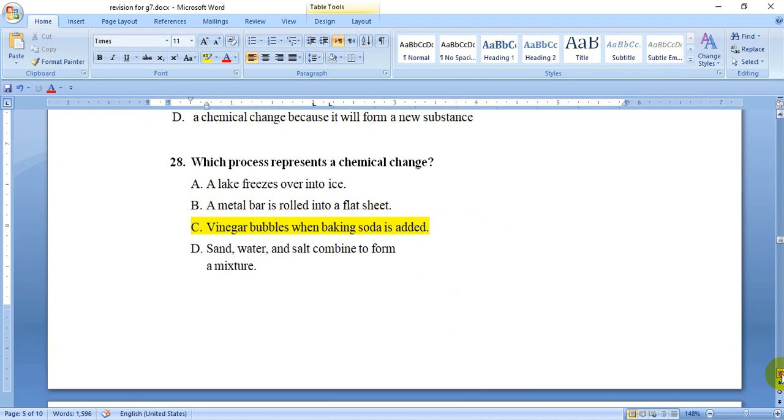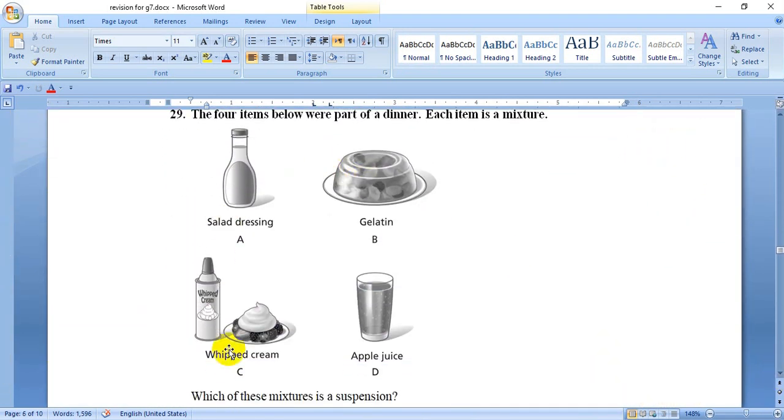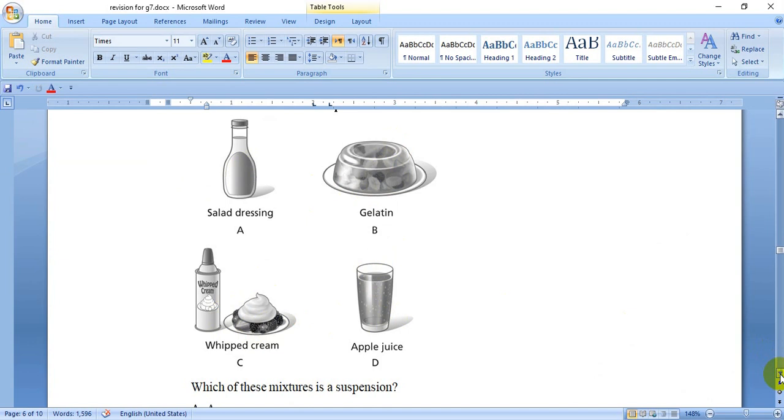Next, question 29. The 4 items below were part of a dinner. Each item is a mixture. We have the salad dressing, which is what we put on salad, made of oil, vinegar, and spices, gelatin or jelly, whipped cream, and apple juice. So the question is, which of these mixtures is a suspension?